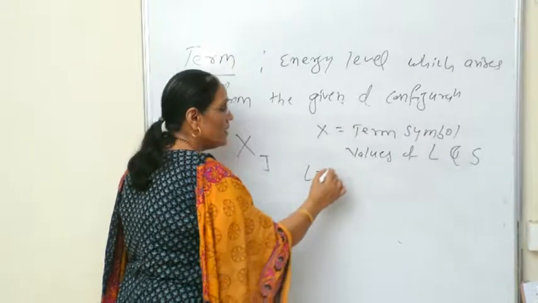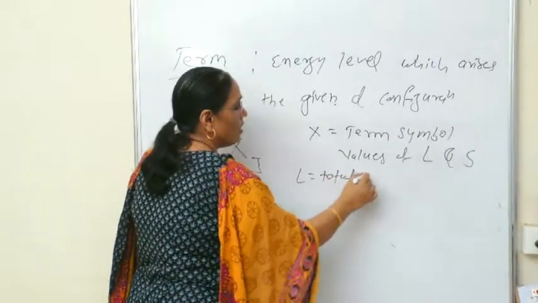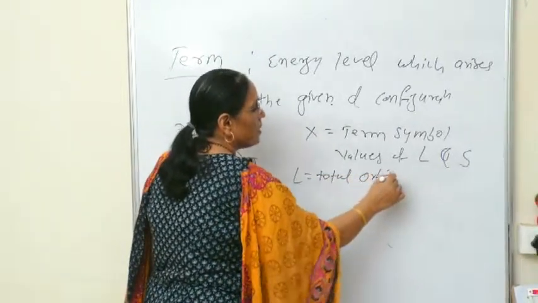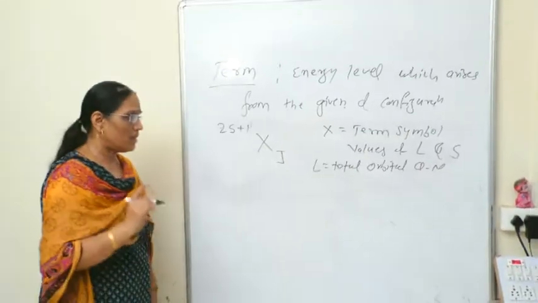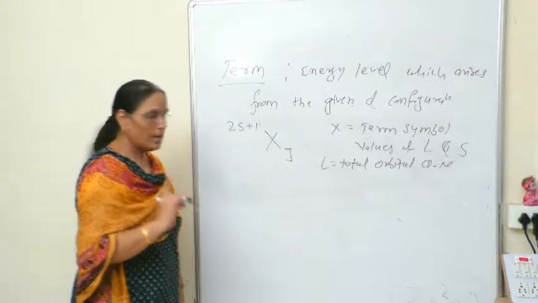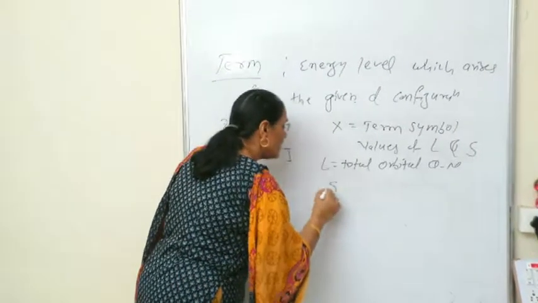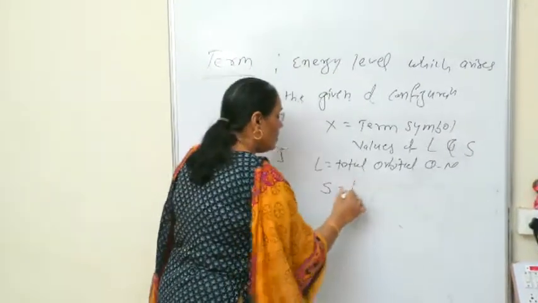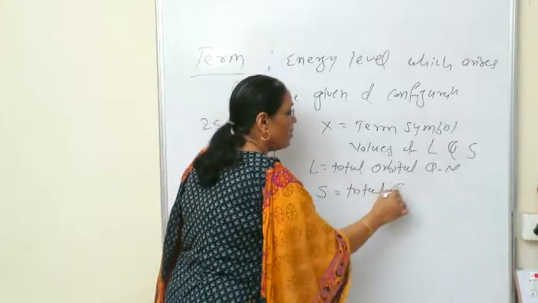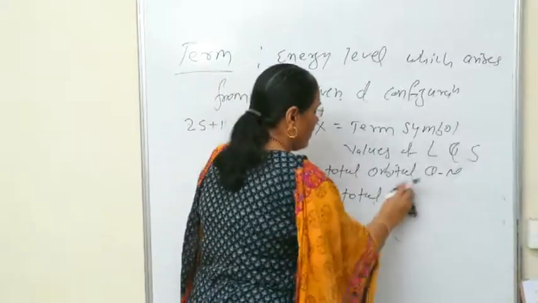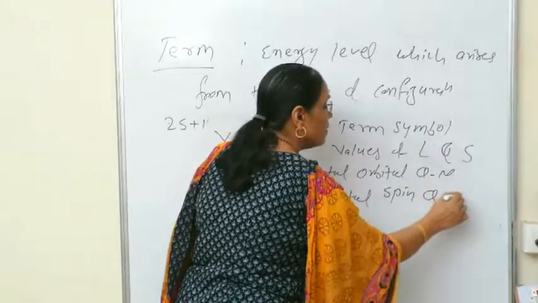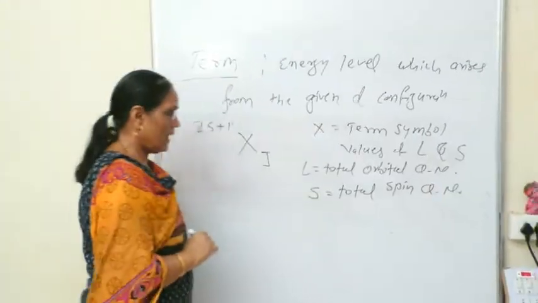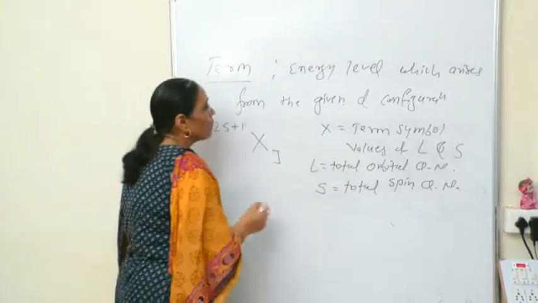L is the total orbital quantum number for the given d configuration, and S is the total spin quantum number of all the electrons.